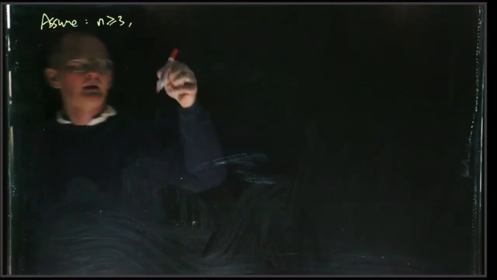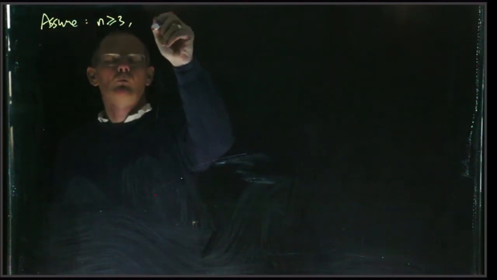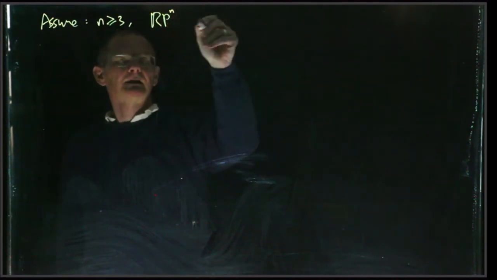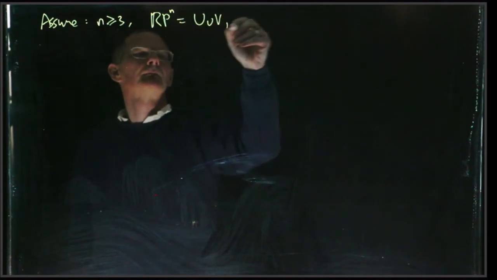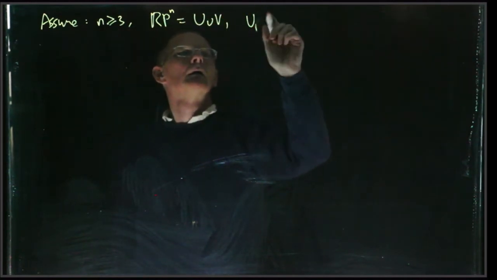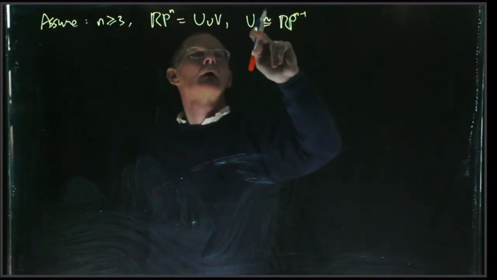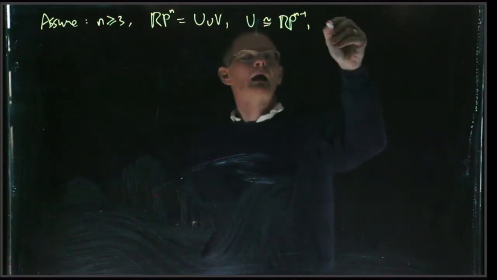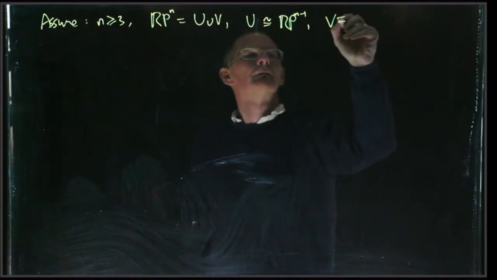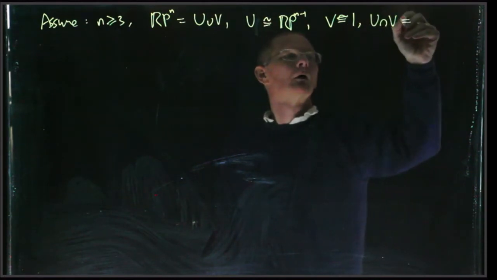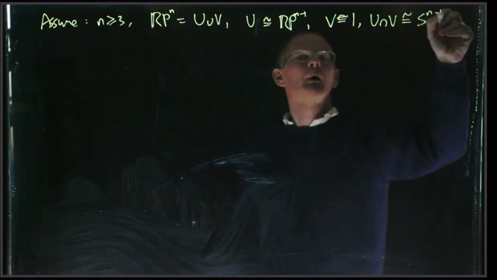So we're assuming n is at least 3, and RPn is U union V, with U homotopy equivalent to RPn minus 1, V homotopy equivalent to a point, and U intersect V homotopy equivalent to S^(n-1).